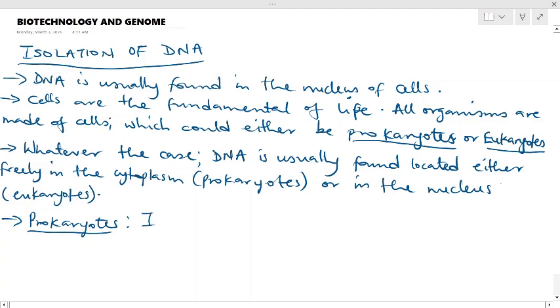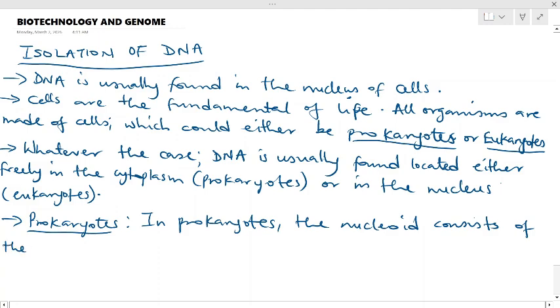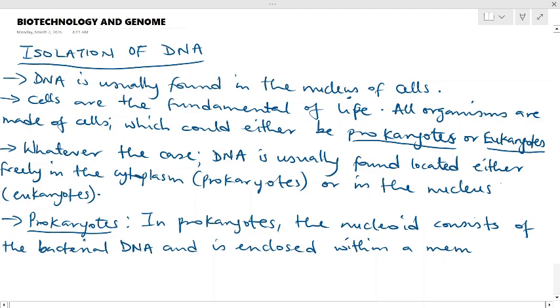So in prokaryotic cells, a nucleoid consists of the bacterial DNA and is enclosed within a membrane.